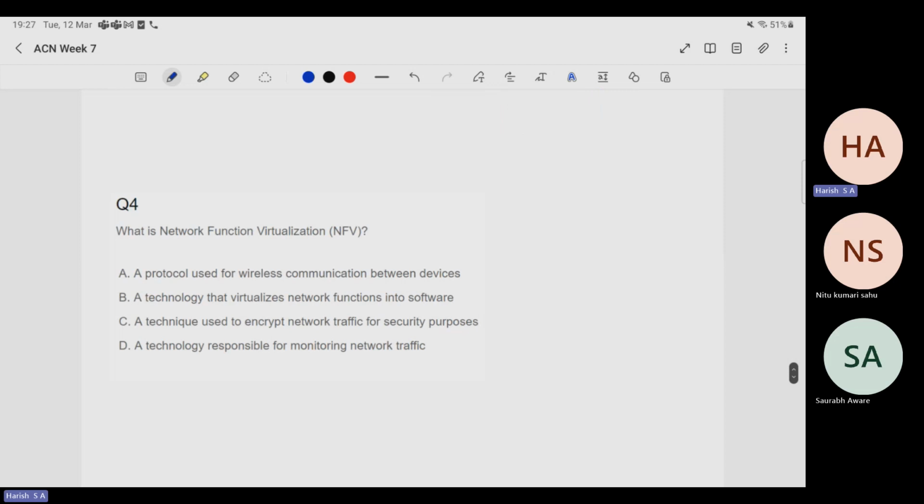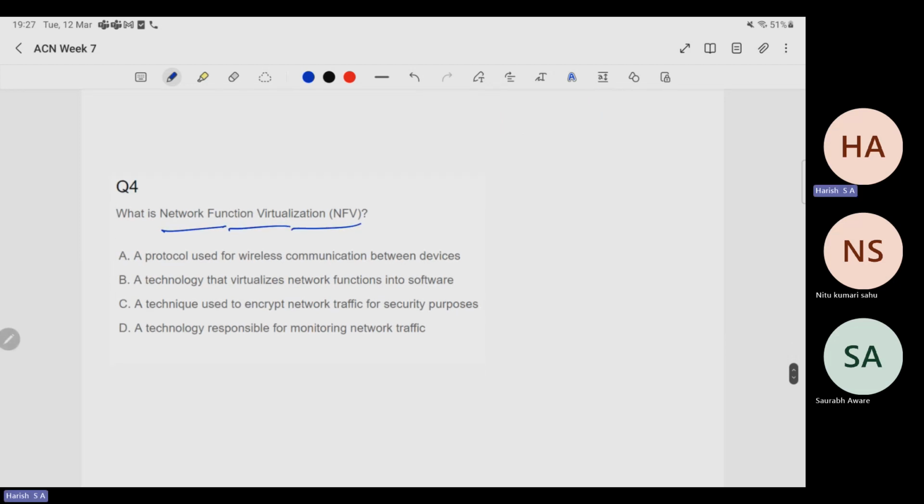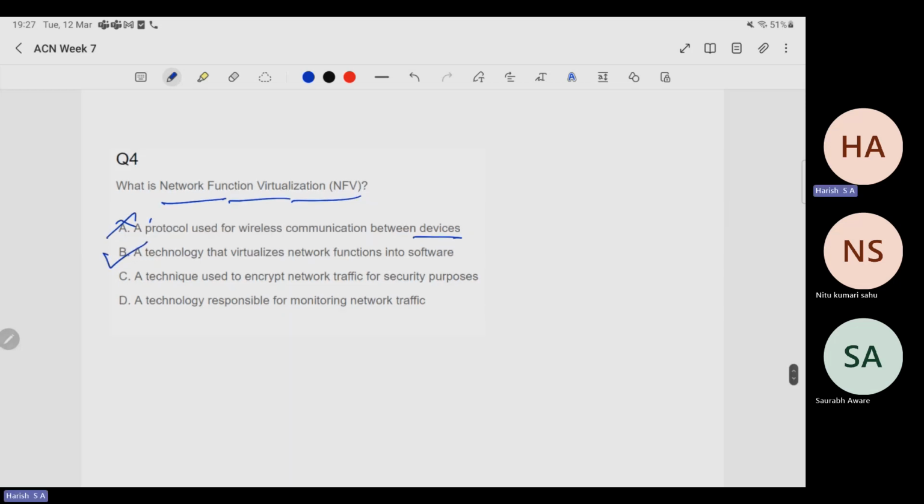Fourth question, what is network function virtualization? Is it a protocol used for wireless communication between devices? Absolutely not. Is it a technology that virtualizes network functions into software? Yes. This is what we basically saw, right? Is it a technique used to encrypt network traffic for security purposes? Nope.